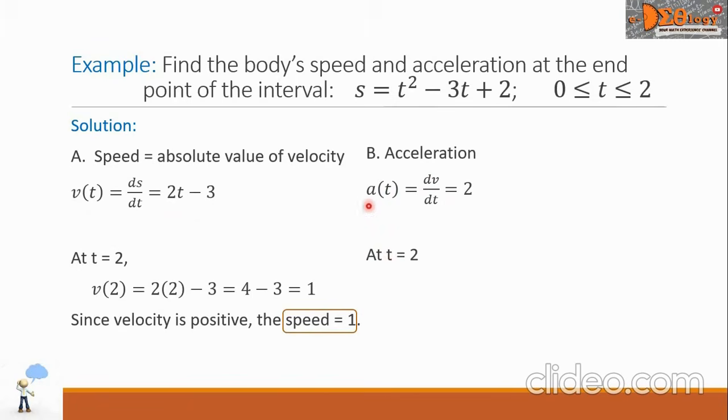Evaluating the function a when t equals 2, and we know that this 2 comes from the endpoint of the interval, we write a of 2 is equal to 2. This number 2 here is simply the value of the derivative, which is a constant. This is our final answer. We have the acceleration to be 2 and our speed is equal to 1.